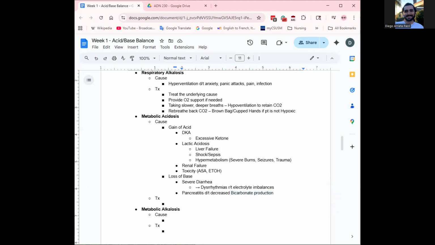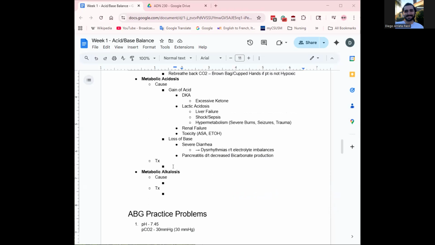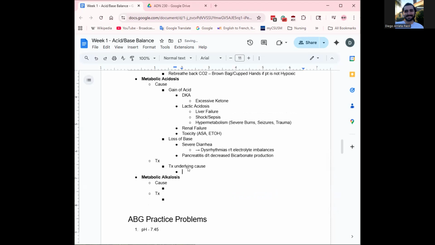Okay. Okay. So the main treatment for that is pretty much going to include the same thing: always treat the underlying cause. So what are some of those interventions here, taking into account some of the causes for it?